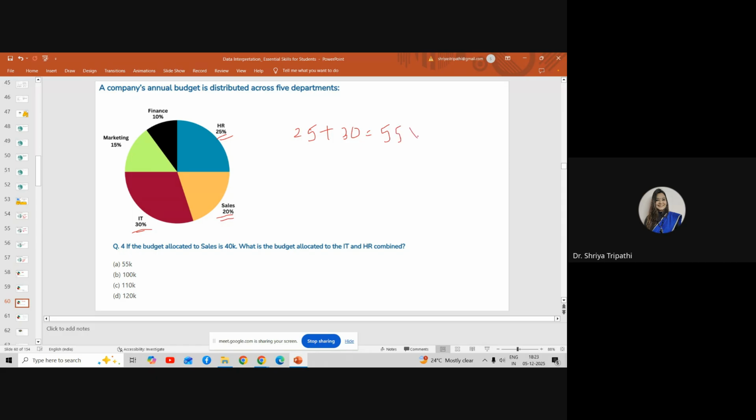And we will do 55 into 20 divide by 40. I'm not calculating all these zeros. 40 equals to 110.